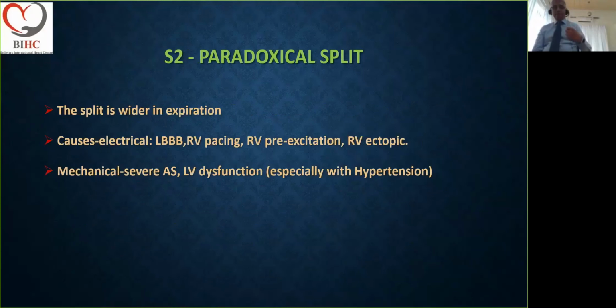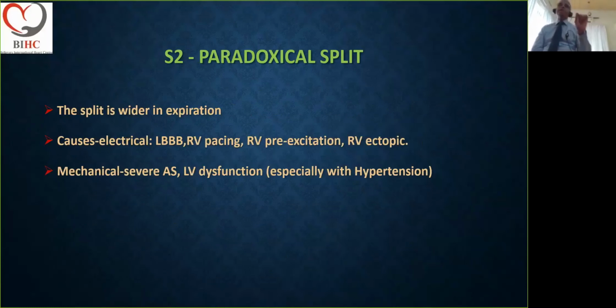This happens when either there is an electrical cause or there is a mechanical cause causing the LV to eject slowly or delayed. Left bundle branch block is the prototype lesion. You can get left bundle branch block like physiology if you are pacing the right ventricle.